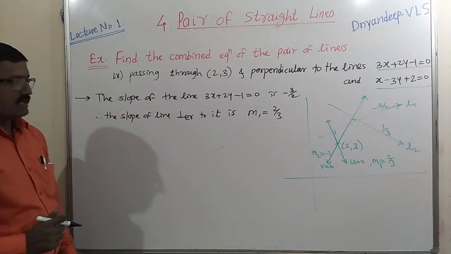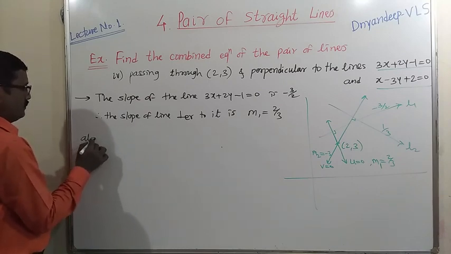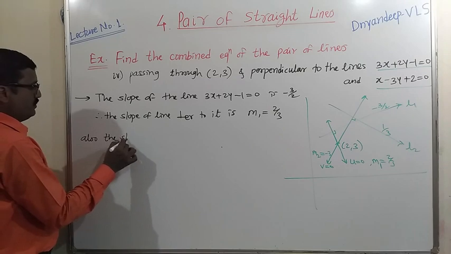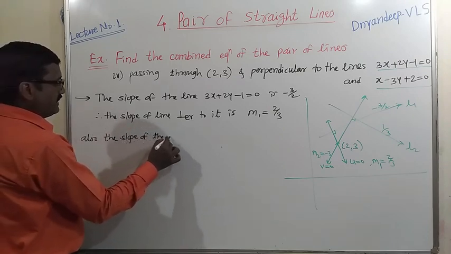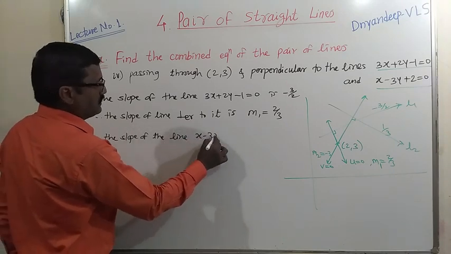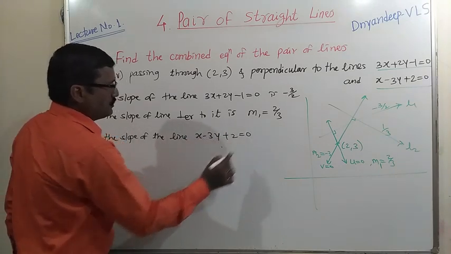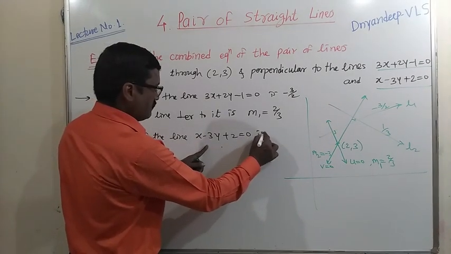Is it okay? Also, the second line, what is its equation? It's x minus 3y plus 2 equal to 0. Its slope is 1/3.